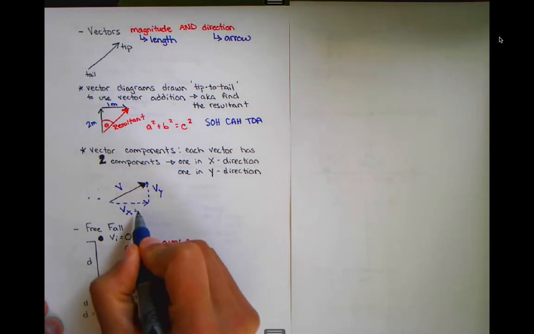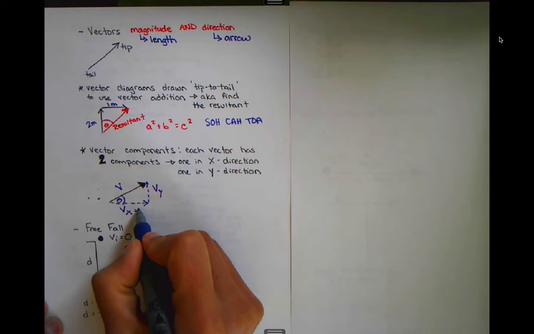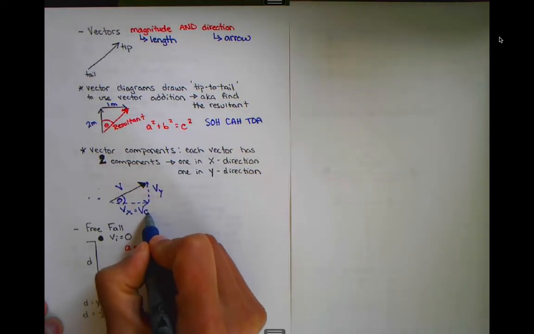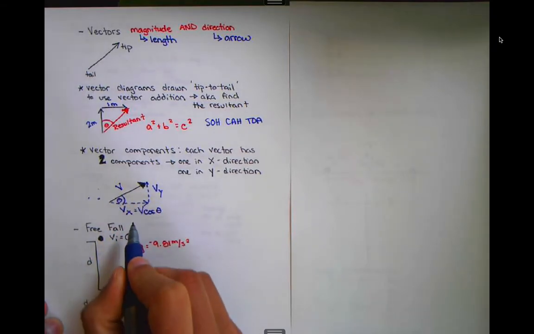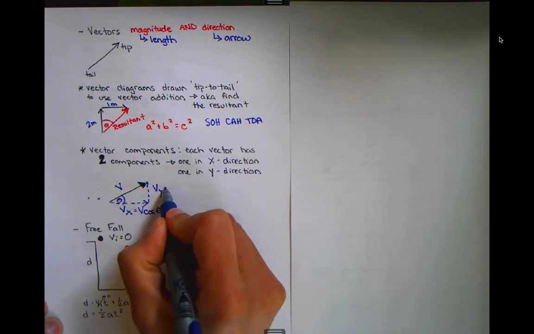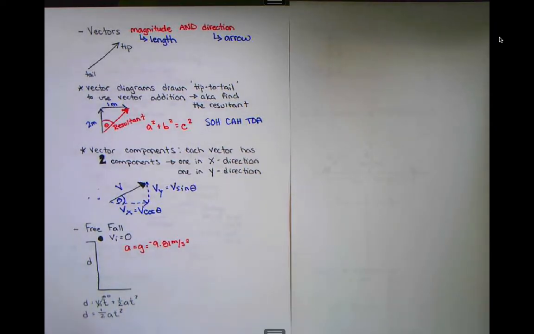In the x direction, here's my angle. This is my adjacent side, so this would be v times the cosine of theta, right? So the magnitude of the actual vector times the cosine of the angle, and then vy would be v times the sine of theta. Right? And we derived those together. So we did lots of things with vectors.